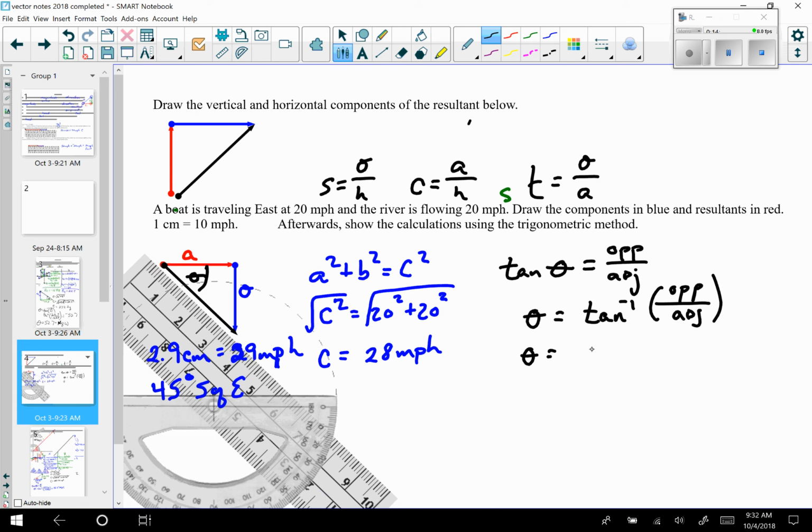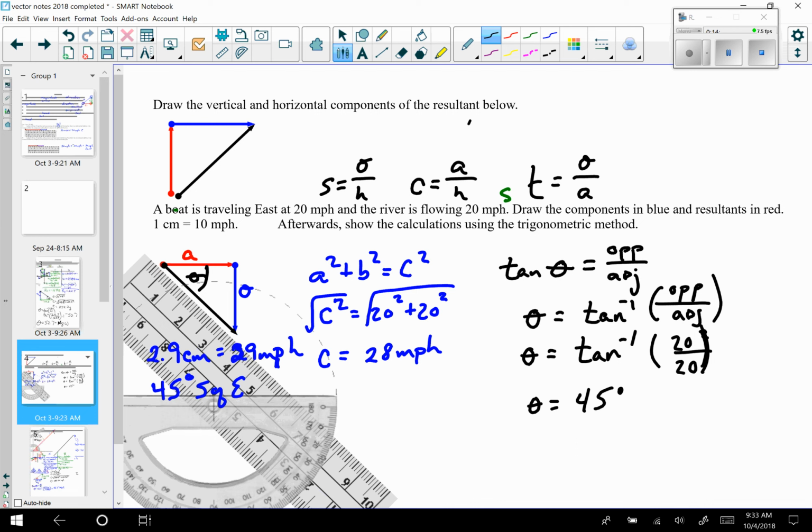I'm going to put in my calculator tan to the -1. That's hitting second tan. Put your parentheses in there, and you're going to put 20 divided by 20. Do not put the square in, guys. Do not put the square in. And that ends up giving you 45 degrees.